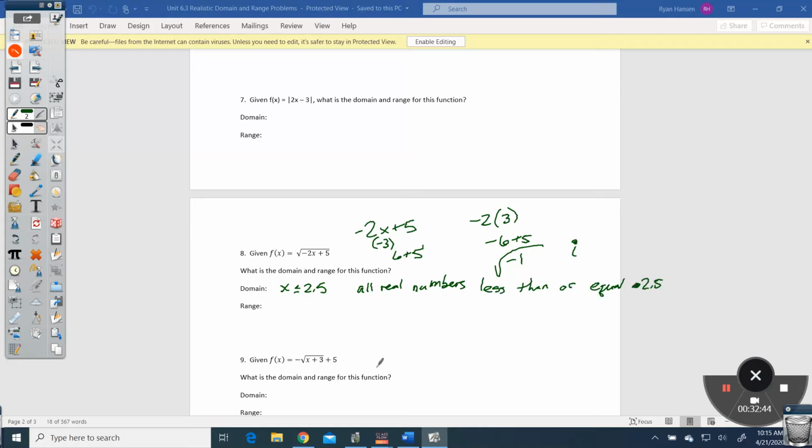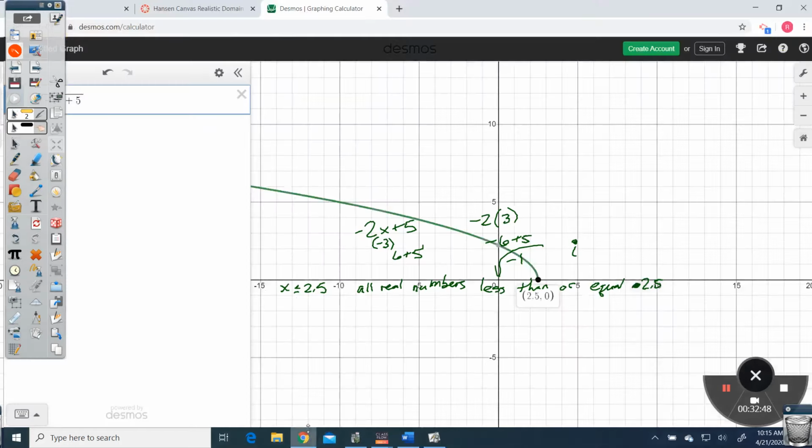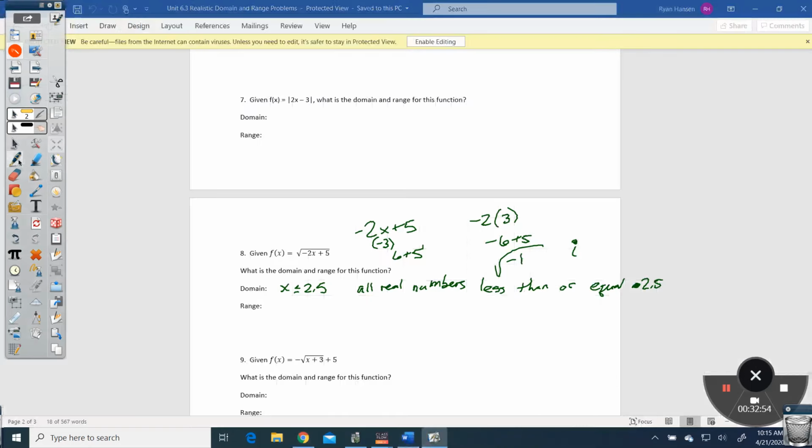The range, on the other hand, so when we looked at those, remember the range never went below 0. So the range is from 0 on up forever. So the range is from 0 to infinity. So this is another way to write this. So negative infinity to 2.5.